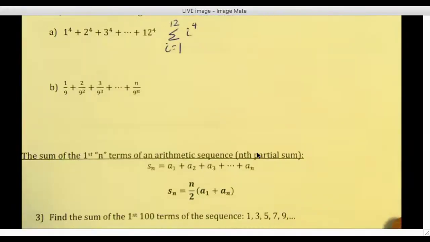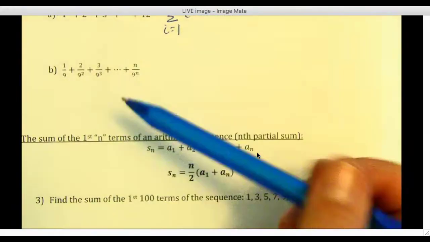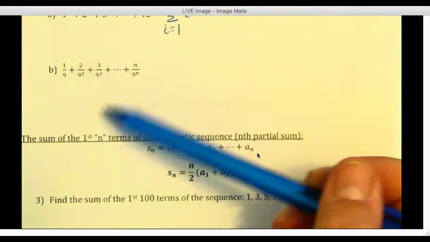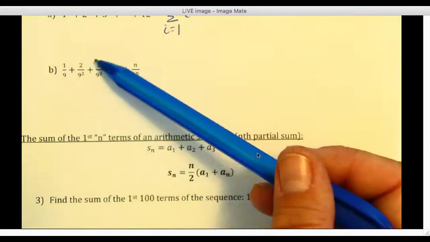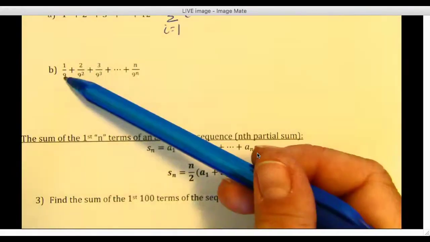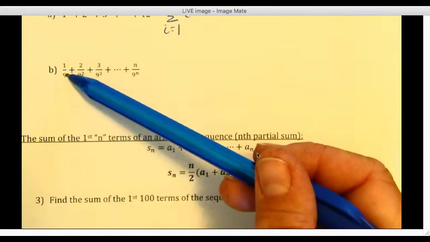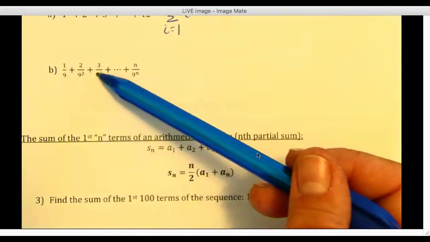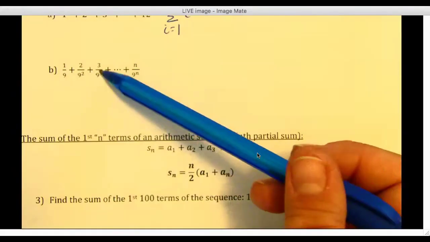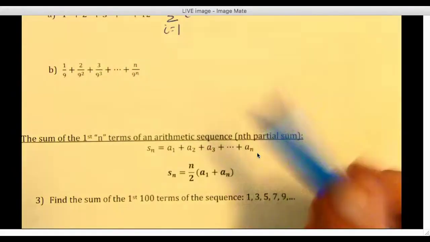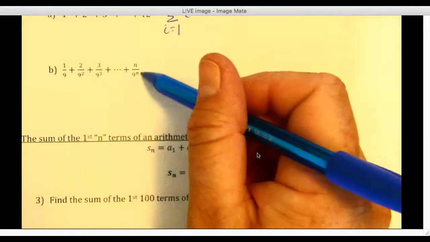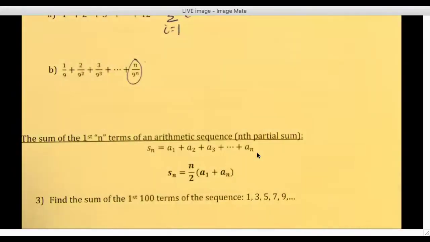The next one, we can see a few things changing. So not only is the number on top changing, going from 1 to 2 to 3 all the way on, but also the bottom number is being raised to different powers, to the first power, to the second power, to the third power. And so we can see that both things there have an n, and because this is going to the nth power, we can actually see the formula right there.